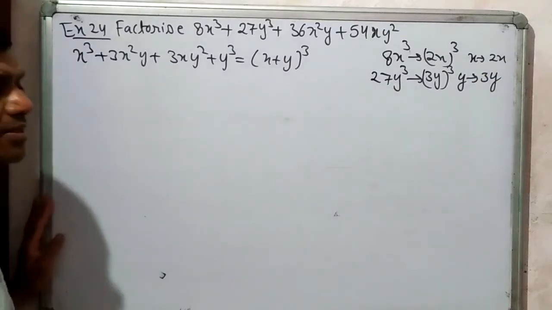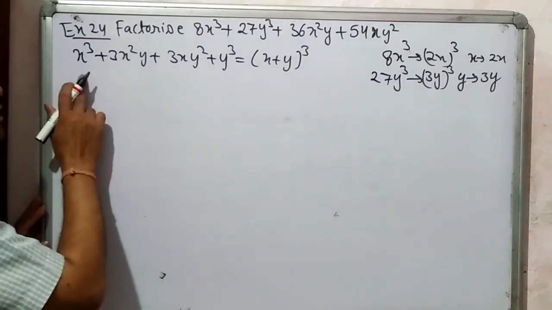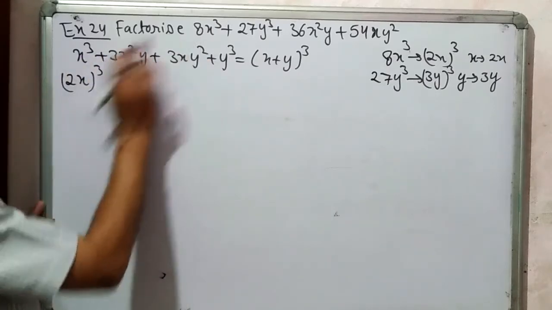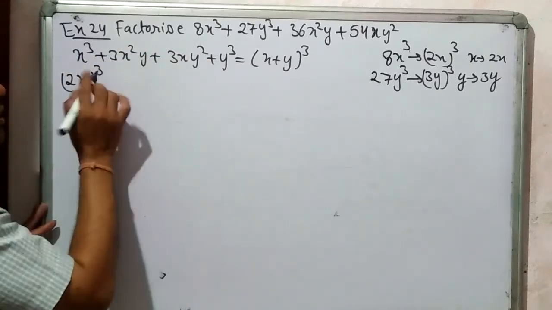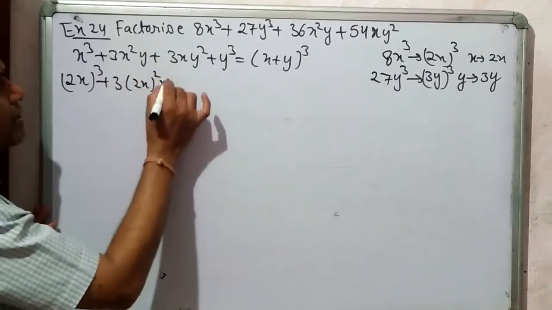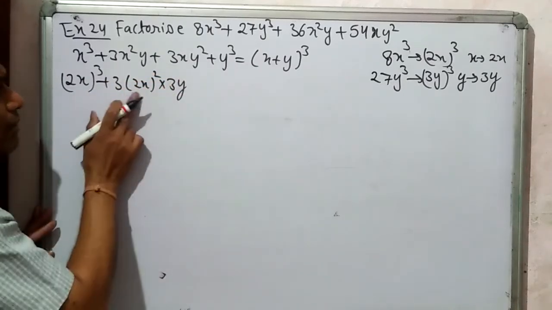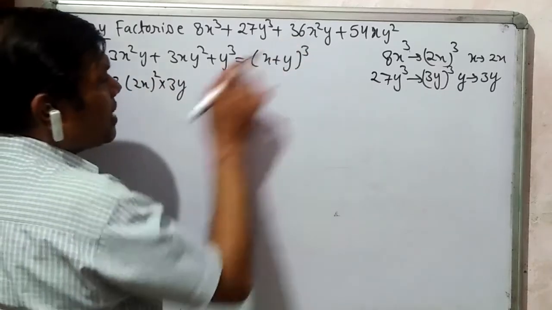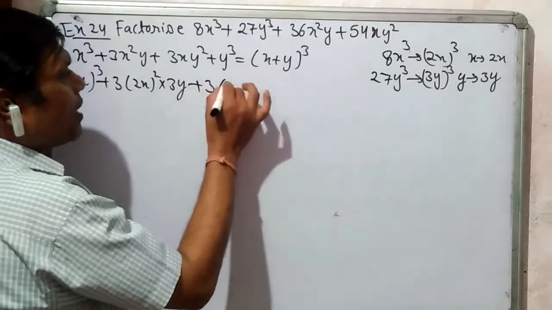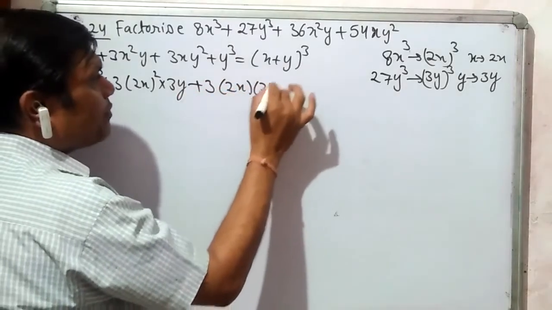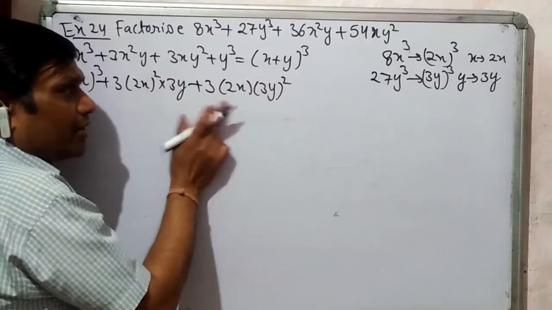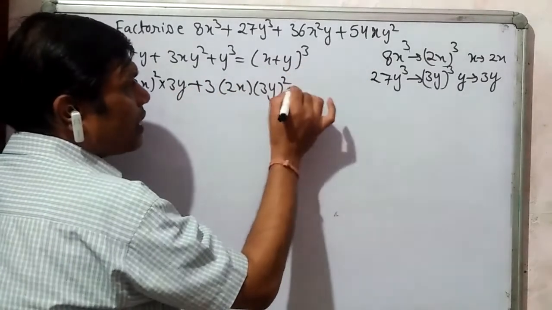Substitute at both the places. In place of x we have 2x. (2x) whole cube, that is 8x cube. 3 into (2x) square into y is 3y. 4 3s are 12, 3 12s are 36. 36x square y, term is valid. Plus 3 multiplied by 2x multiplied by (3y) square. 9 2s are 18, 18 3s are 54xy square.